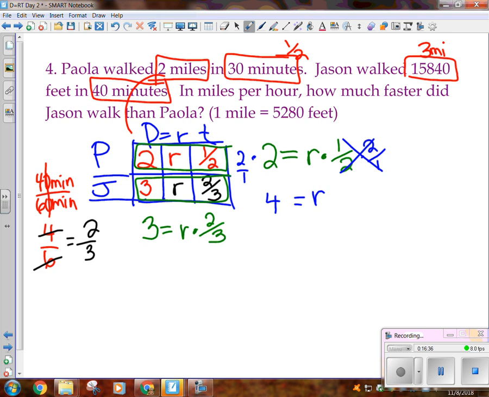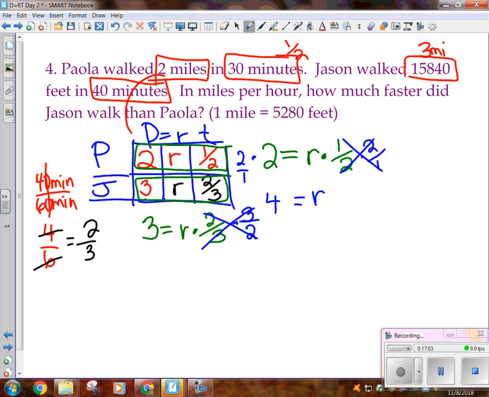What about Jason? Okay, this time the R is multiplied times 2. Then it's divided by 3. So I have to do the opposite. So what's the opposite of multiply times 2? Divide by 2. What's the opposite of divide by 3? Multiply, which is my reciprocal. It's when you flip the fraction. Everybody good? So if I flip the fraction, that's going to get rid of the 3 top and bottom.